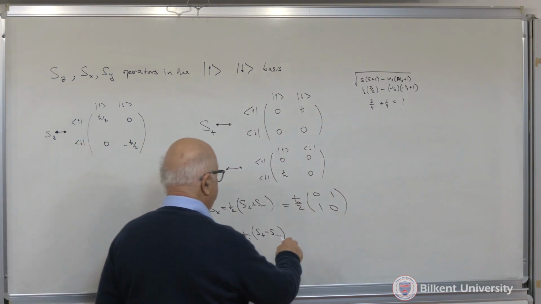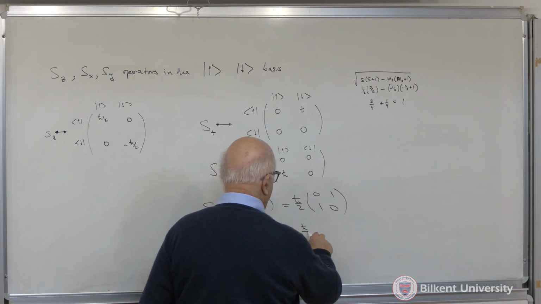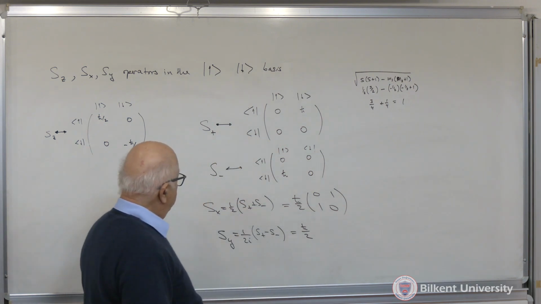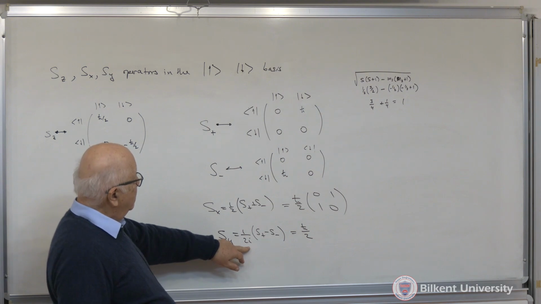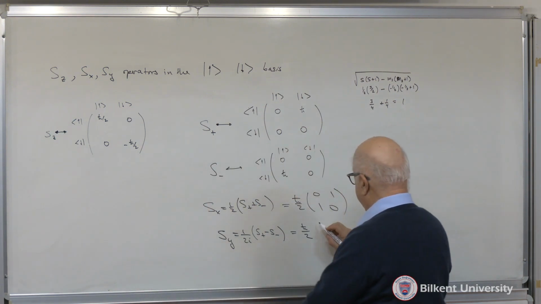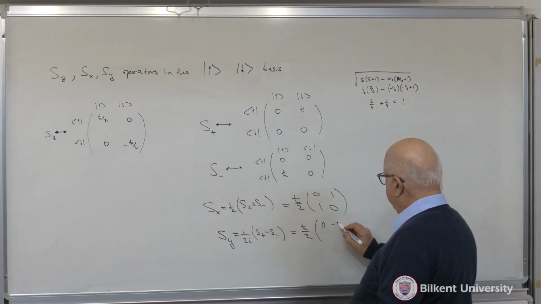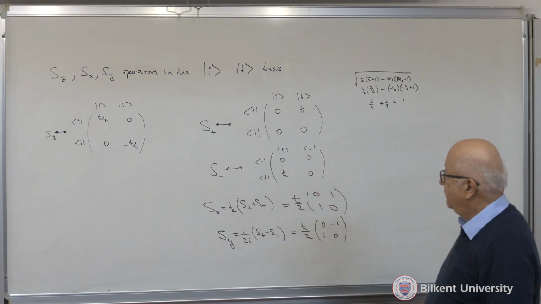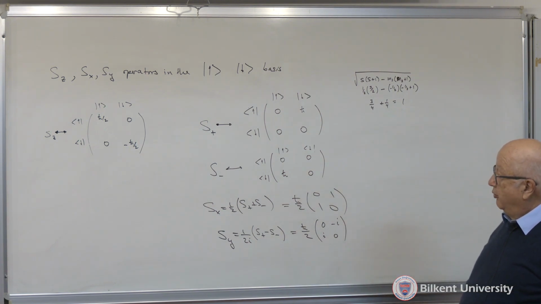So I'll again get h bar over 2, but I'll also have a 1 over i, which is going to give 0, minus i, i, 0, right? Okay, so we determined all of these objects.